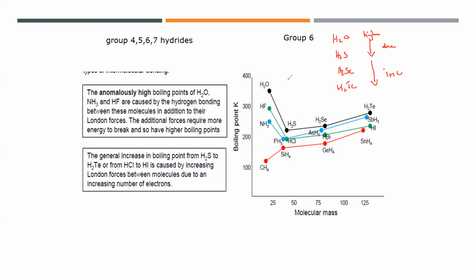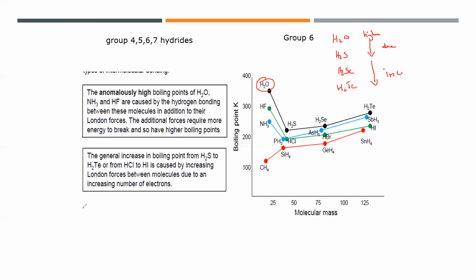Initially the boiling point of H2O is higher compared to any other compound in the same group, and then from H2O to H2S, why is there a decrease, and then from H2S to selenium, why is there an increase?